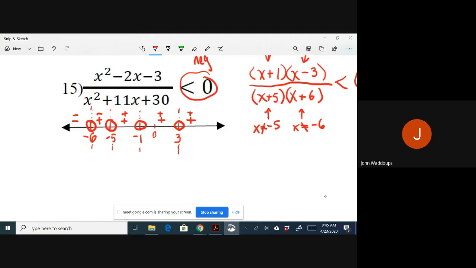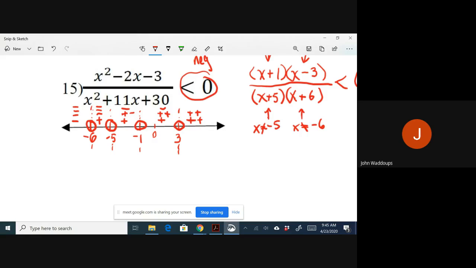Then we go to -1, negative to the left, positive to the right. And then 3, negative to the left, and positive to the right.